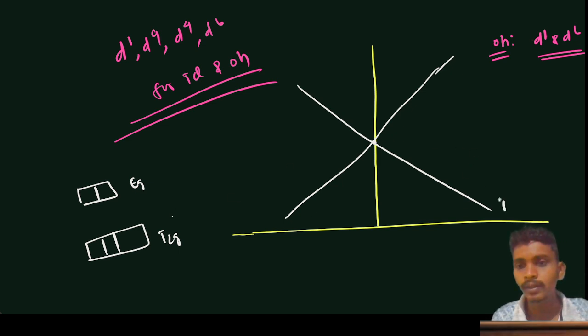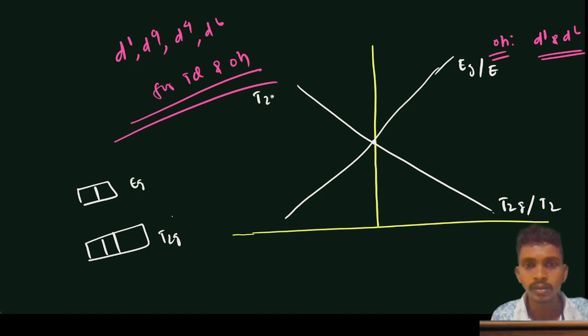T2g will be here, and Eg here, and similarly T2g here and Eg there.